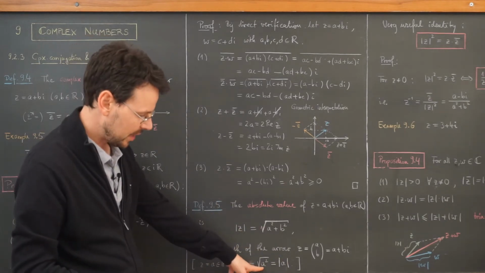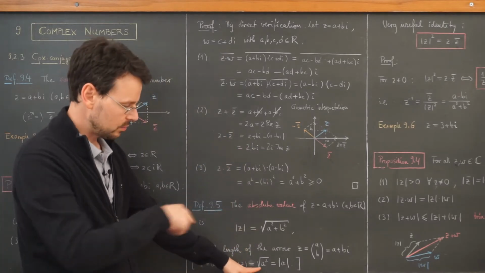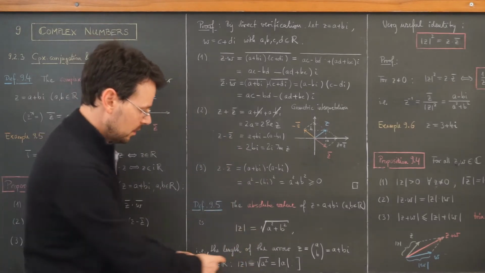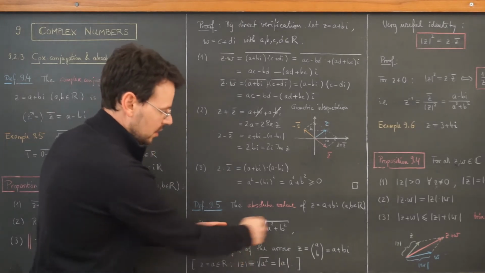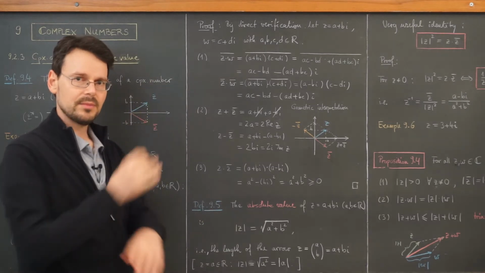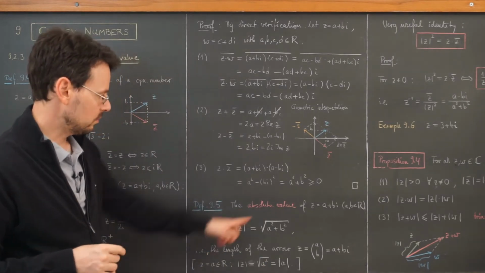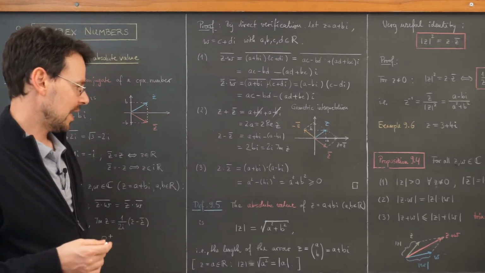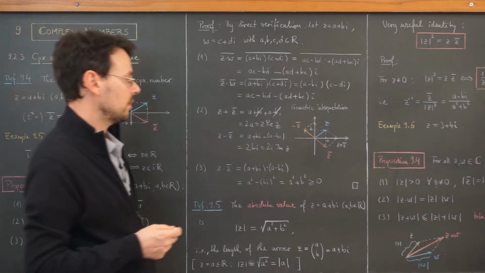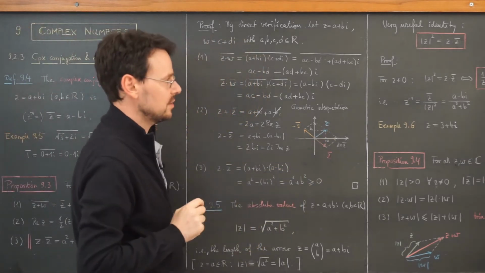Because here a might be negative, so I have to put the absolute value because the square root cannot be negative. So this is a special case, or this is the general definition in the complex numbers in R2, and the special case is the real absolute value. That's, I think, why this here is also called the absolute value of the complex number. So here, this length is this number.